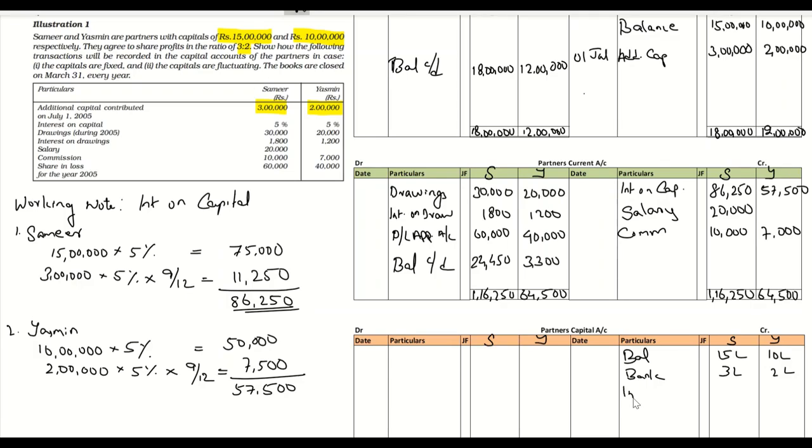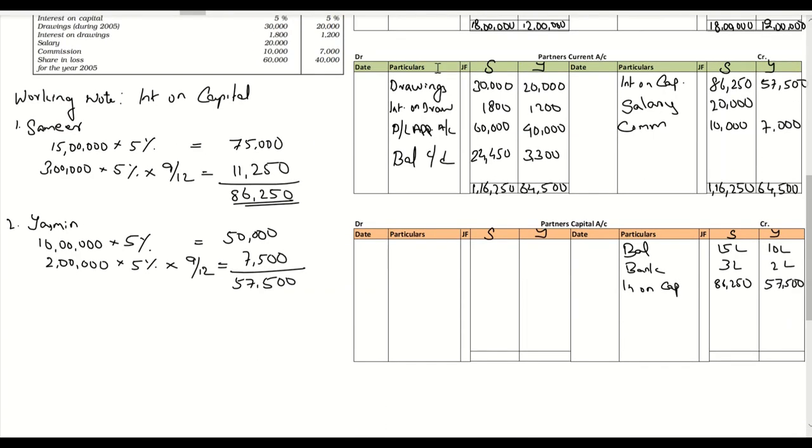Then we have interest on capital, which is 86,250 and 57,500. Then we have salary of 20,000. Then we have commission of 10,000 and 7,000. Okay, now let's see who can do the math pretty fast.